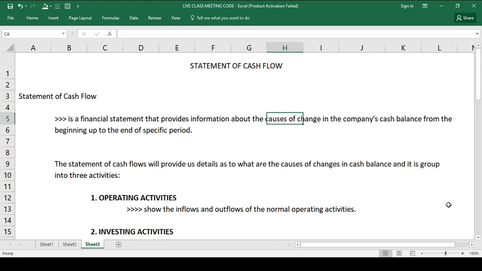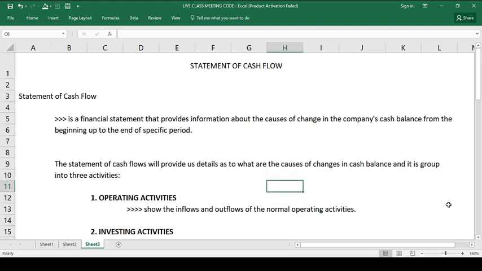Yung gusto mong malaman, what are the reasons why there is an increase of 500,000 of the cash. So the statement of cash flow will provide the answers for that. Okay? It will provide us details as to what are the causes of changes in cash balance. And it is grouped into three activities.